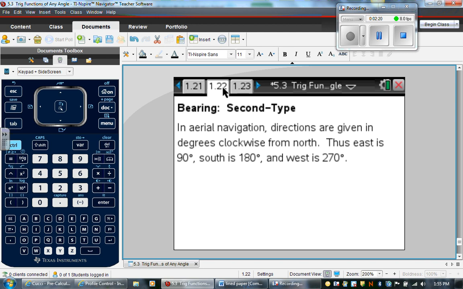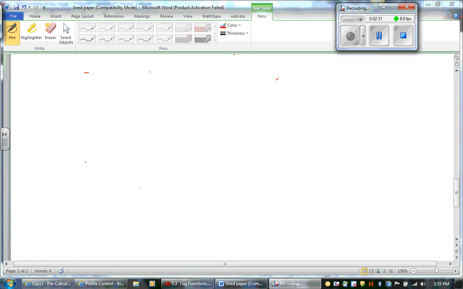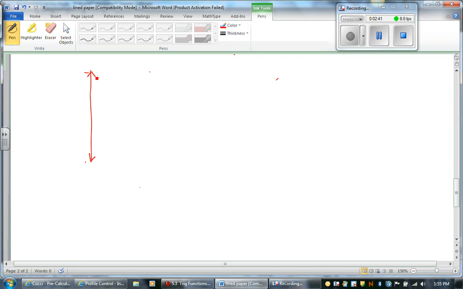I know it's a little tricky to think about, but this is what it winds up actually looking like. Let's look at a few of them. How we're going to set this up is, this is my north. This is my 0 degrees.